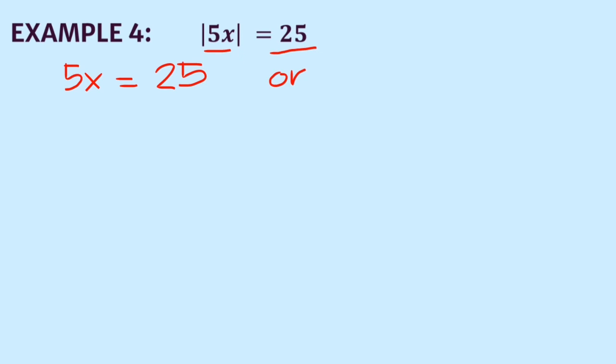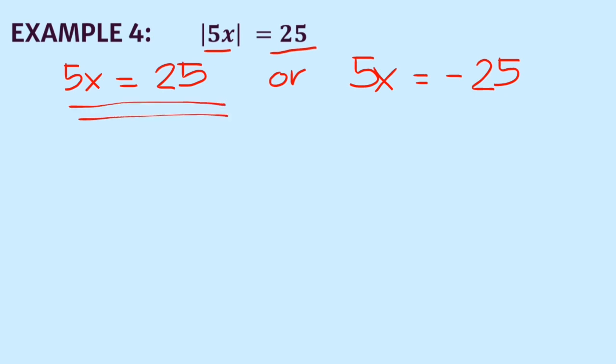Okay, so again, for the second statement, we have to take out the expression inside the absolute value and equate the right hand side to its negative value, which is negative 25. Now, let's solve the first statement first. So, we have to what?